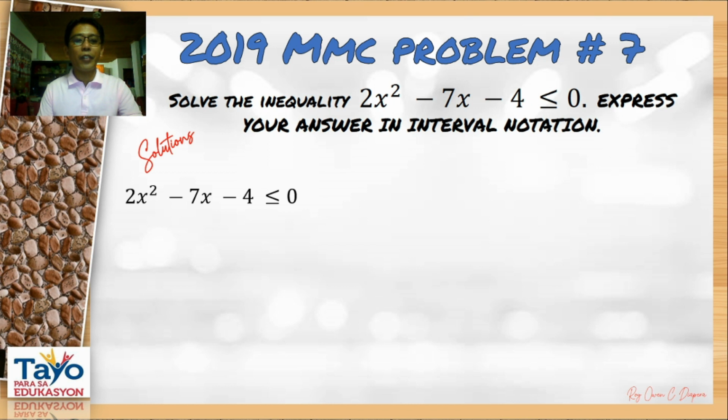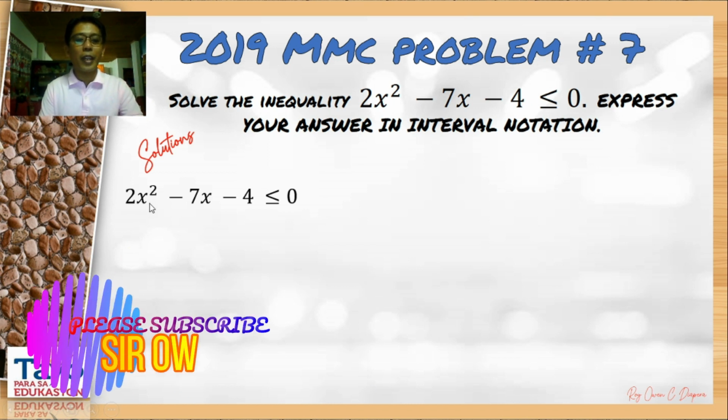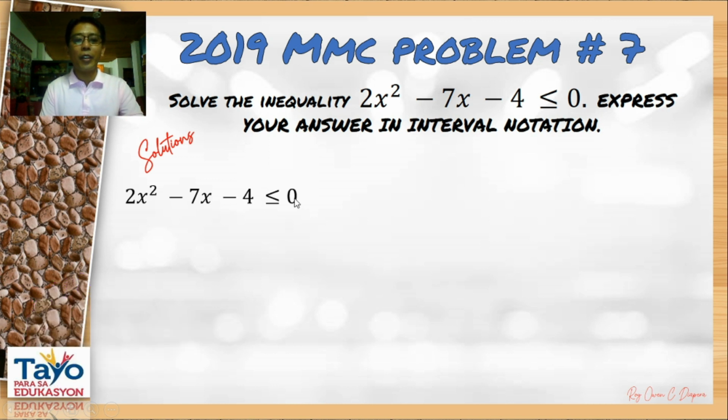To solve this, of course, what we are going to do first is to factor 2x squared minus 7x minus 4 is less than or equal to 0. Using the diamond and box method, it gives us 2x plus 1 times x minus 4 is less than or equal to 0.